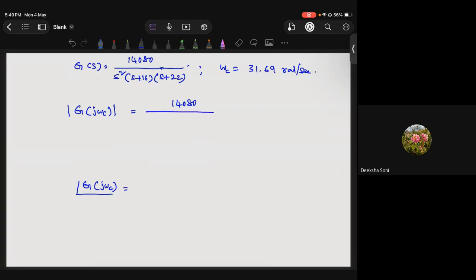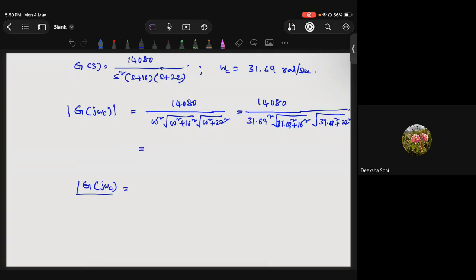So this is 14080 divided by omega square, times the square root of omega square plus 16 square, times the square root of omega square plus 22 square. Substituting everything, that is 14080 divided by 31.69 square, times the square root of 31.69 square plus 16 square, times the square root of 31.69 square plus 22 square.